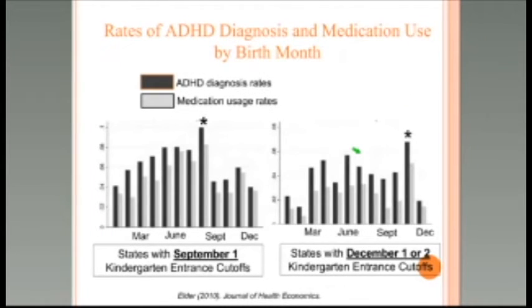Another thing to think about is relative age, or age for grade. We know that behavioral expectations change as children enter school. One of the most interesting things to look at is age relative to the school kindergarten entrance cutoff. For example, if you look at states that have a September 1st cutoff, so children have to be 5 by August 30th in order to start kindergarten, the children most likely to be diagnosed with ADHD, the dark bars, or be prescribed medication, the gray bars, the highest rate is in children that have that August birthday.